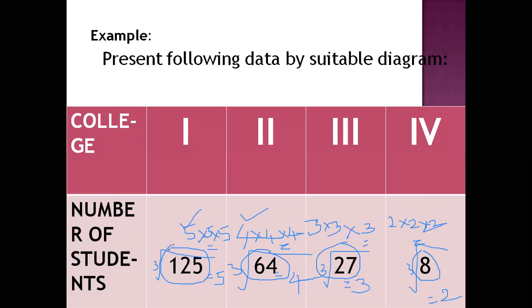So now the data can be simplified. 125 can be taken as 5, 64 can be taken as 4, 27 can be taken as 3, and 8 can be taken as 2, so that we can represent the data easily in cubes. Now we will see how it is represented.